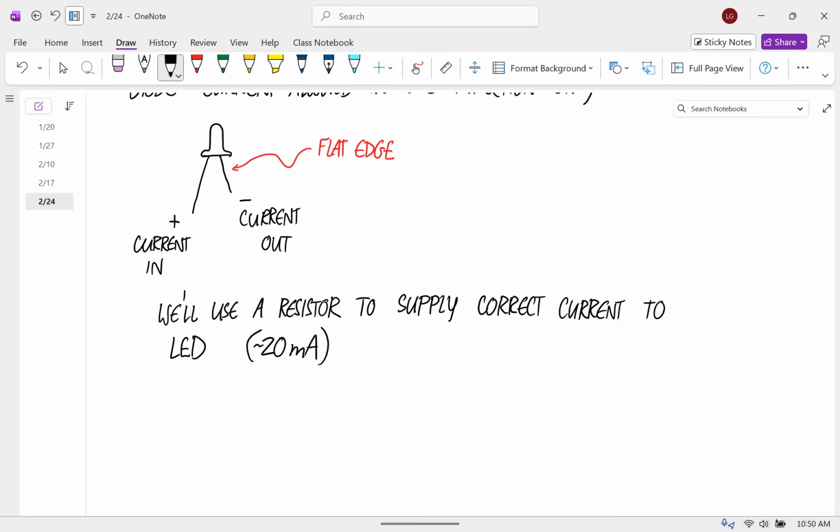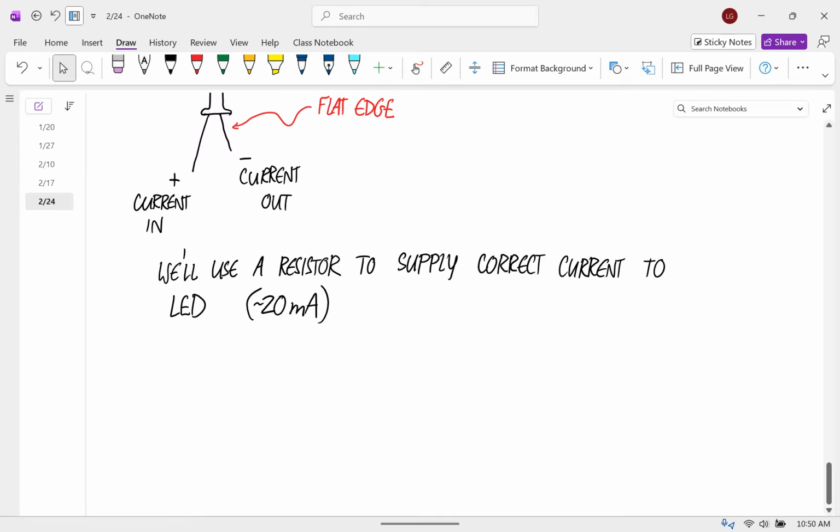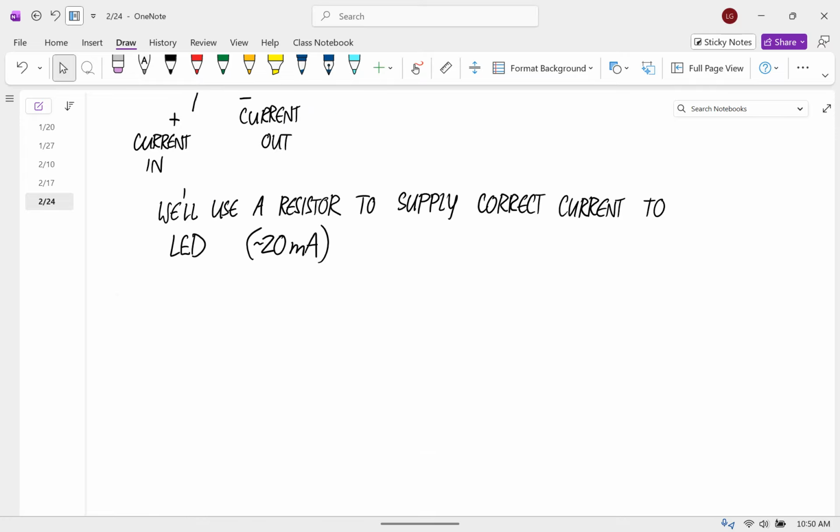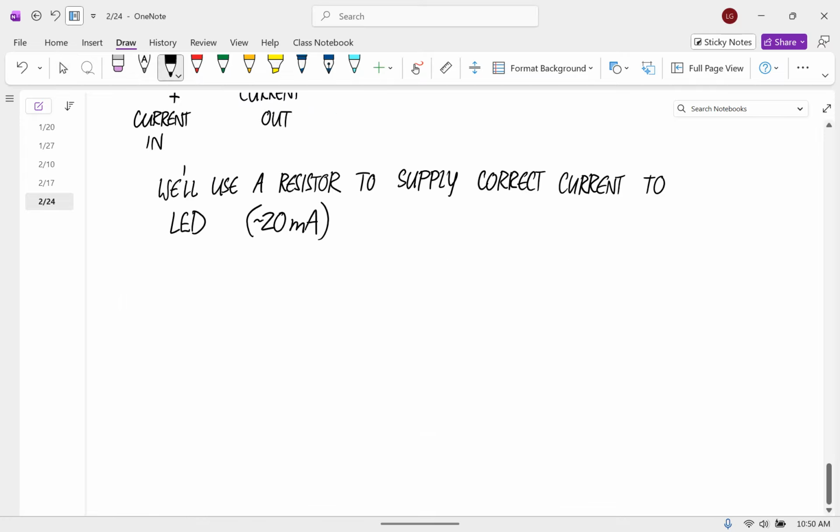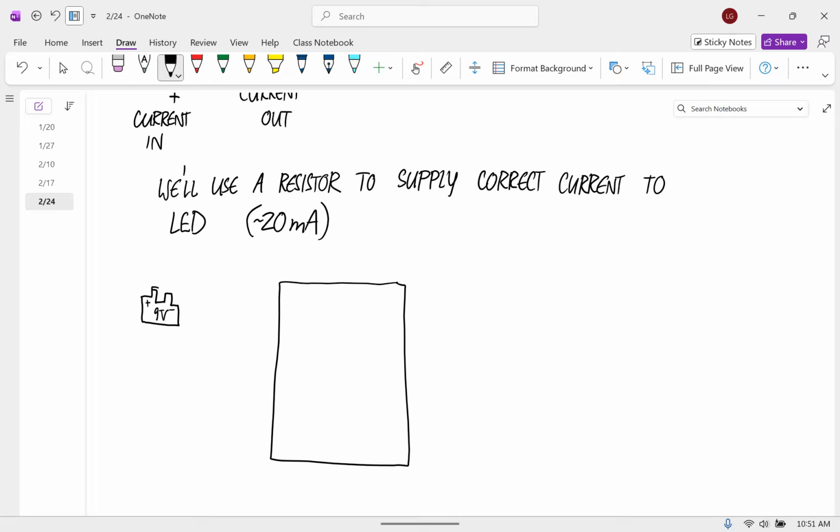Okay, so let me just describe how you want to do this, and then you can wire it up and we'll hopefully get this working. So we're going to have our 9-volt battery, positive and negative. And then here's our breadboard.